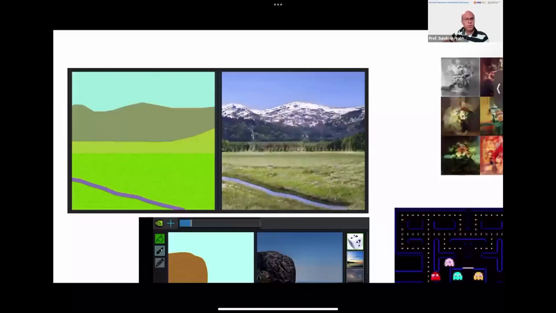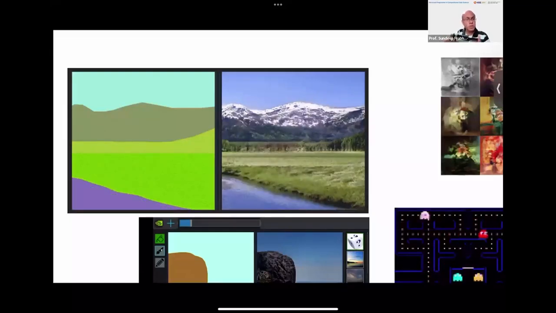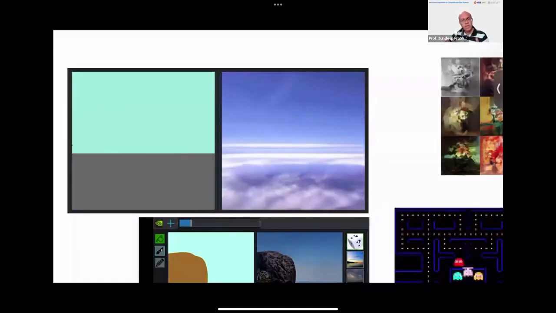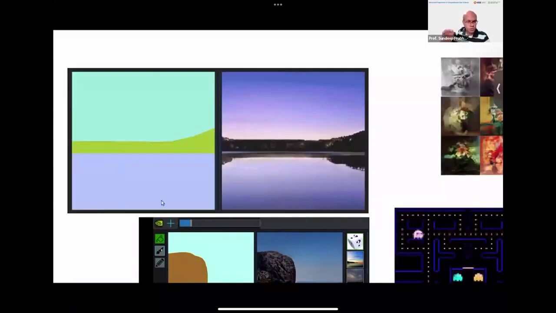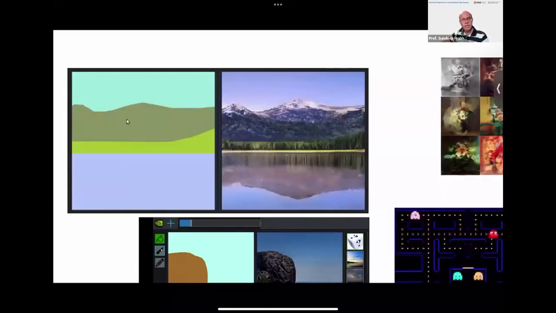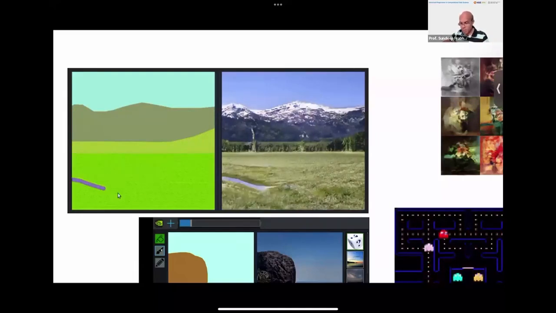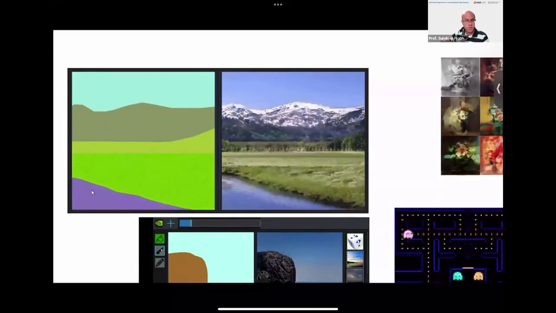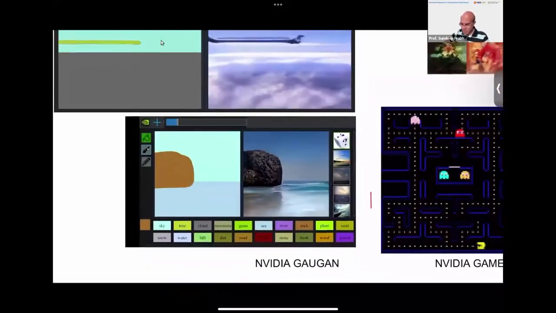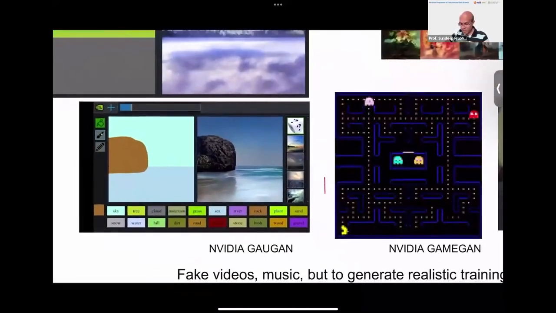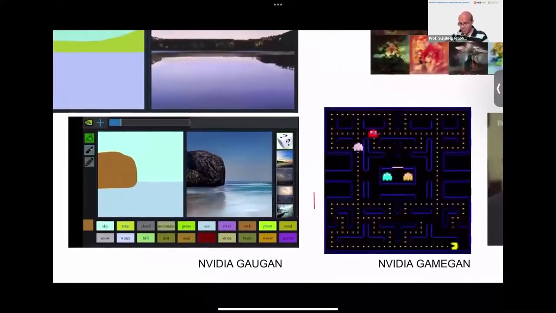I just want to create a photo of a landscape, but then you guide this network further with basic features, right? I don't know how to draw or create paintings very well, but I can do a rough sketch, and it is going to generate images like these different landscapes, meadows, river, and so on. Similarly, if you look at this NVIDIA GauGAN, it is going to create these paintings.